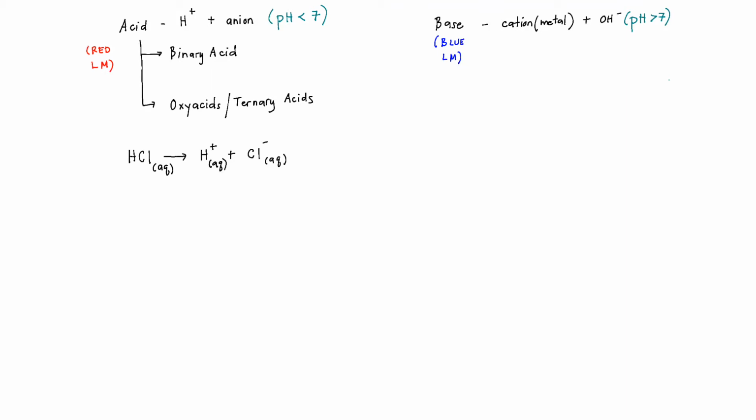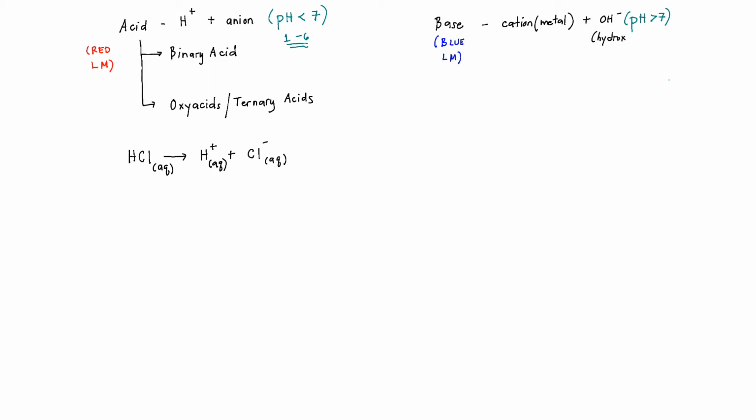And also the definition of acid, if you can still remember, is pH lower than 7. So meaning to say, the pH which is 1 to 6 will be considered as acid. And for the base, however, that is composed of a cation metal plus hydroxide. So you call this part hydroxide.